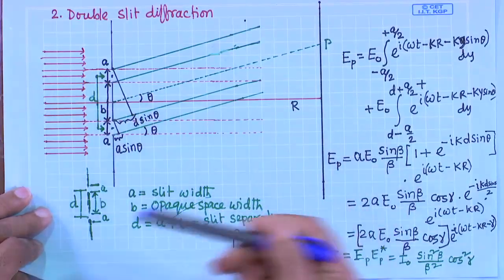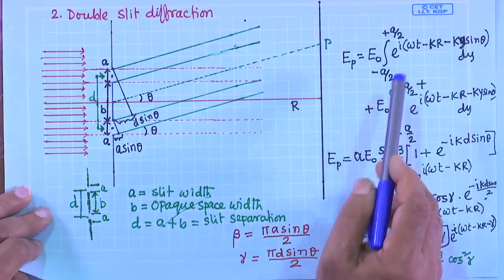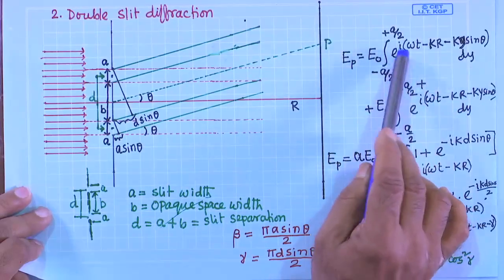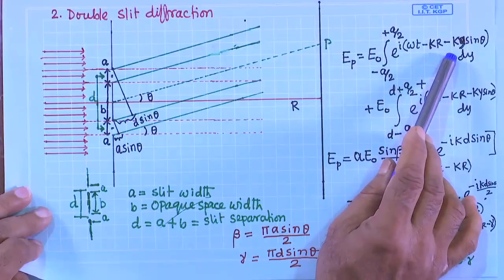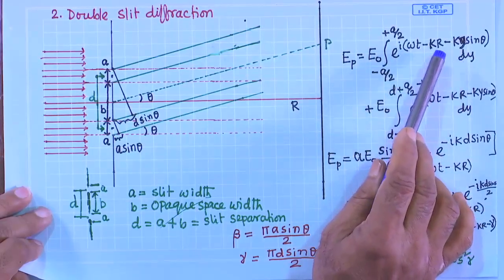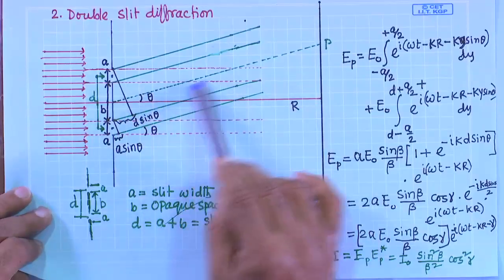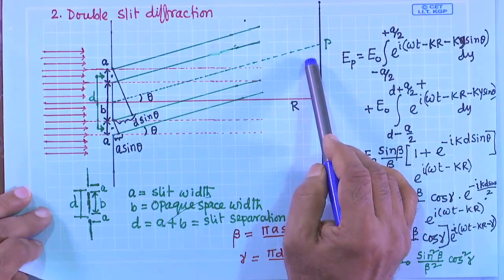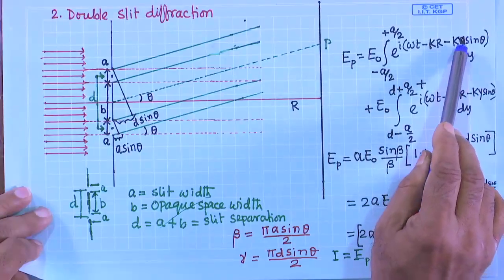So your amplitude will be E0 dy times e to the power i(omega t minus kx), where x is basically r plus an additional path, delta, and that delta is basically k y sin theta.